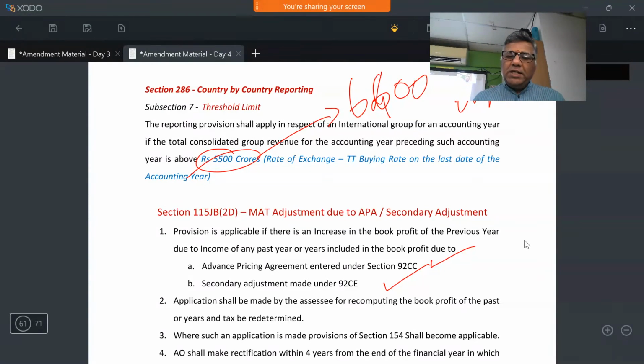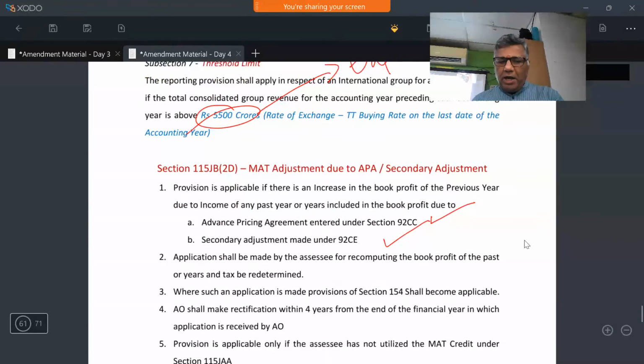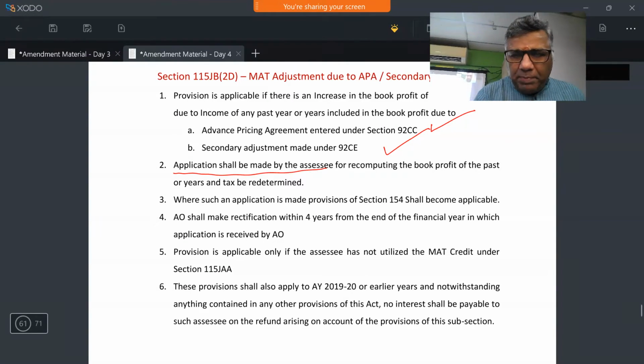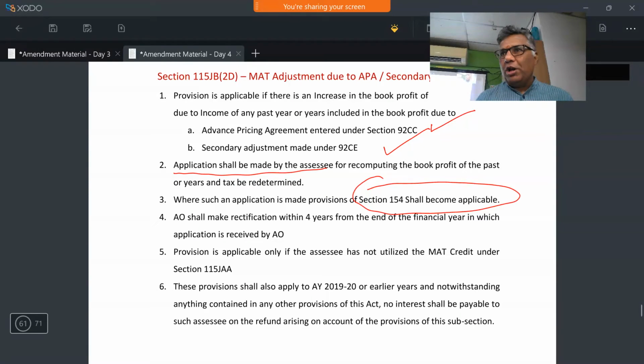Repeating. Provision is applicable for advance pricing adjustment made due to APA or secondary adjustment. Application will be made by the assessee only for recomputing the book profits. Where may such an application be made? Under section 154, rectification of mistake.